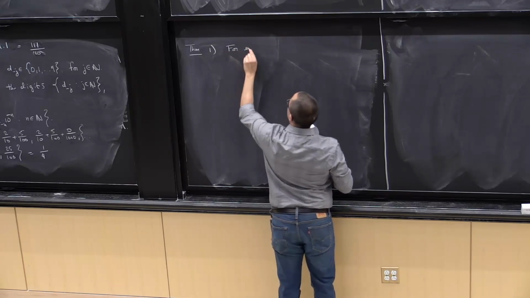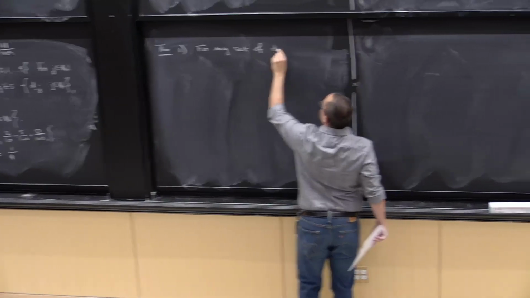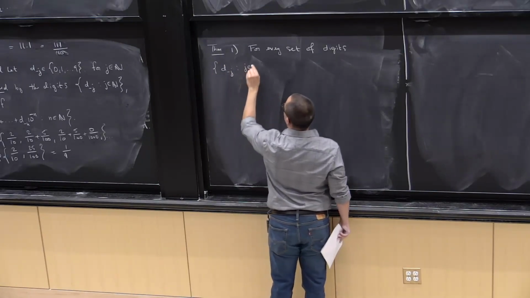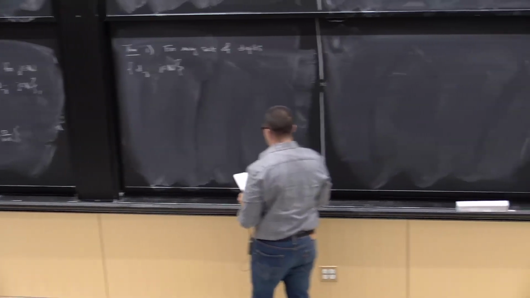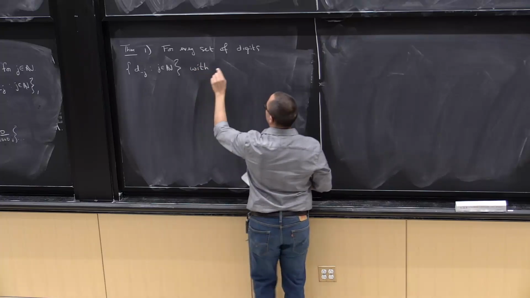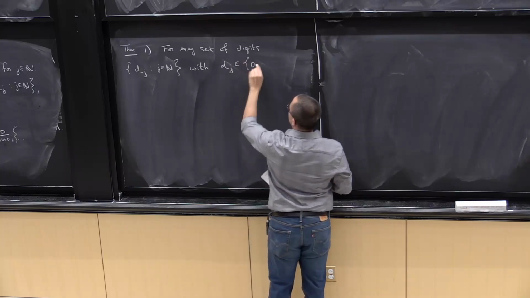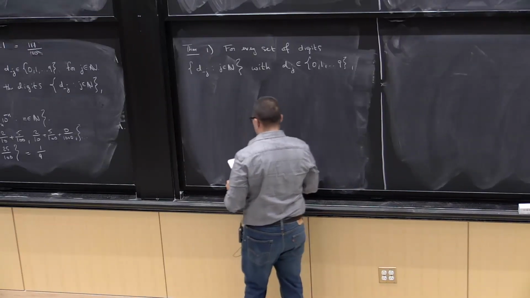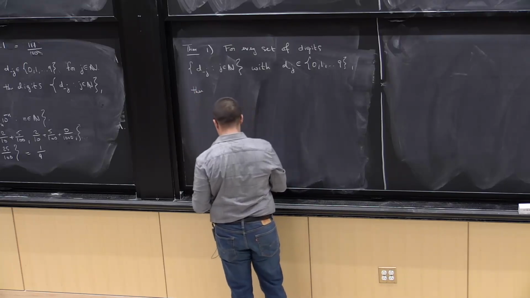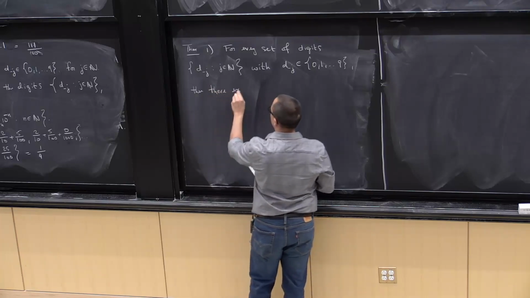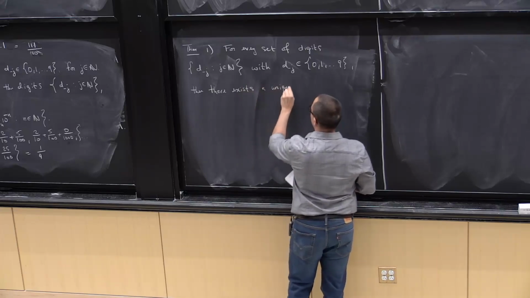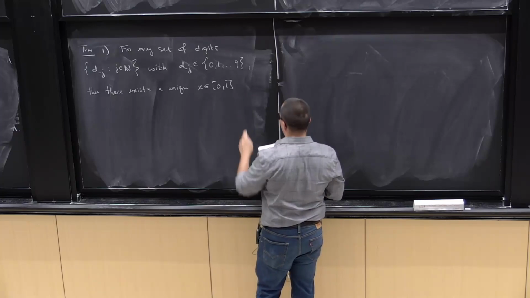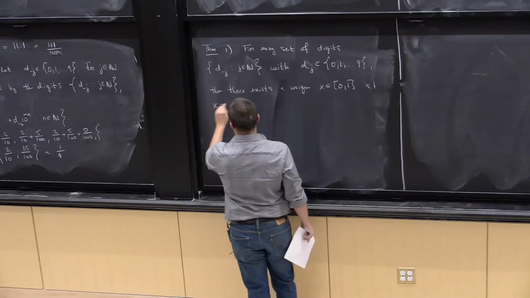So for every set of digits, d minus j, with each of these d minus j's in 0 up to 9, then there exists a unique x in the closed interval 0, 1 such that x is equal to d minus 1.